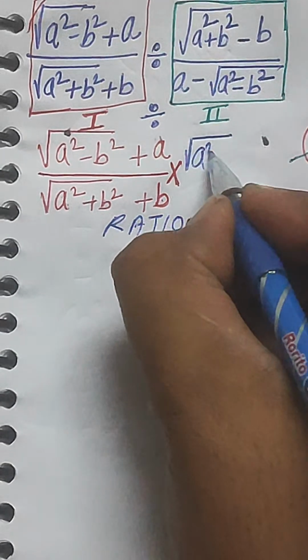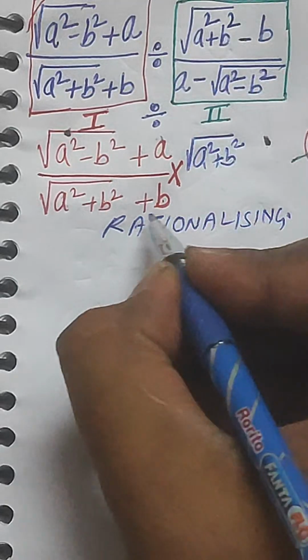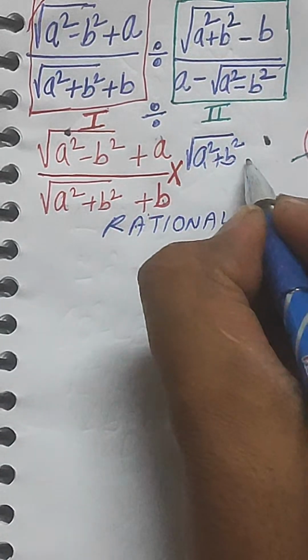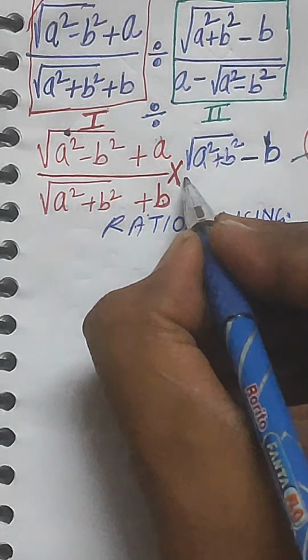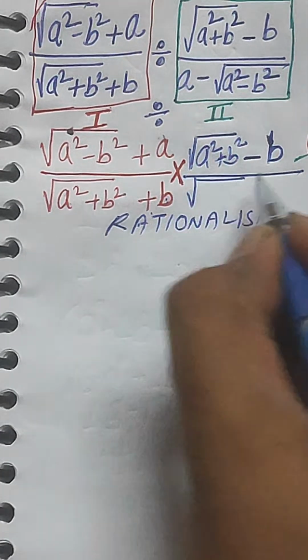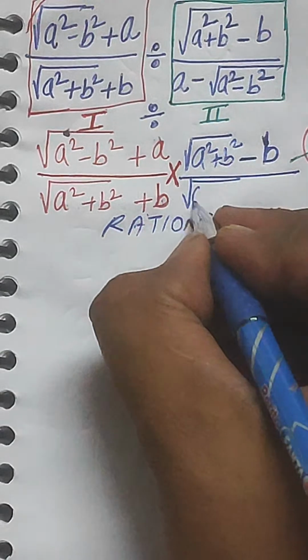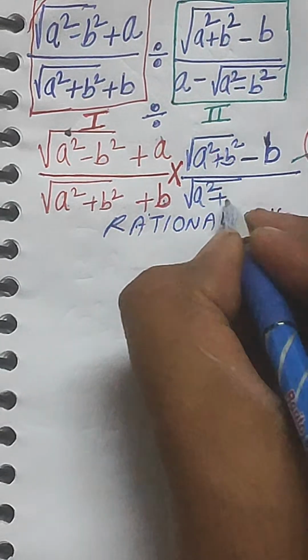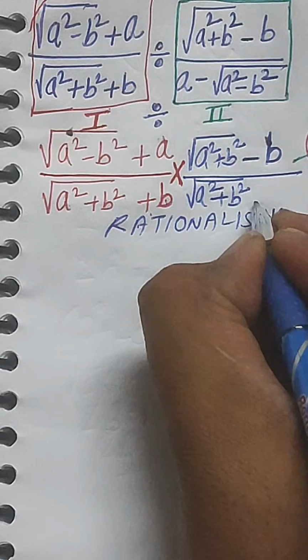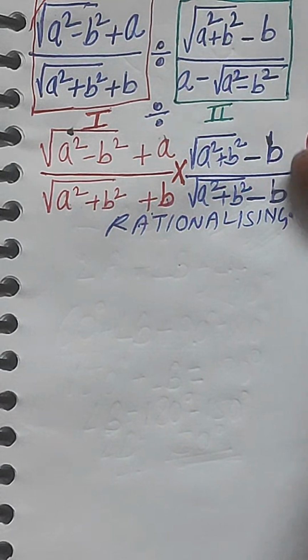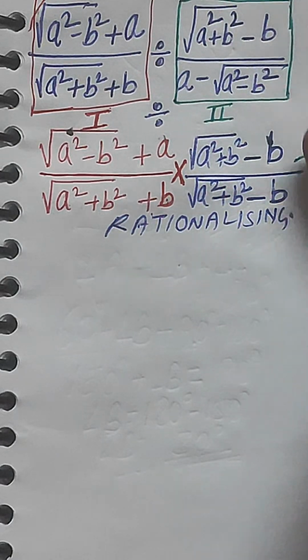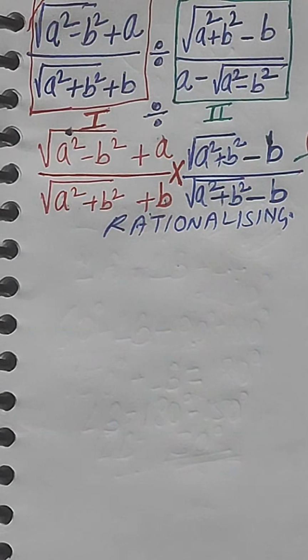Root over of a square plus b square, here plus b, so this sign will be changed, minus b, right, divided by root over of a square plus b square minus b. I am using a different color of pen so that you can easily understand what is added and eliminated. So here this is inserted into the numerator and even divided, so that the entire expression will be cancelled out, whatever we have inserted.